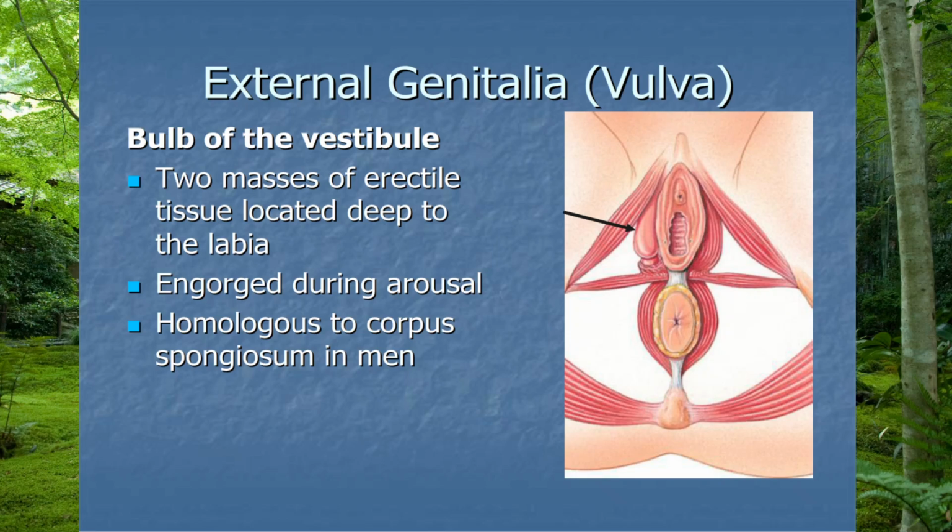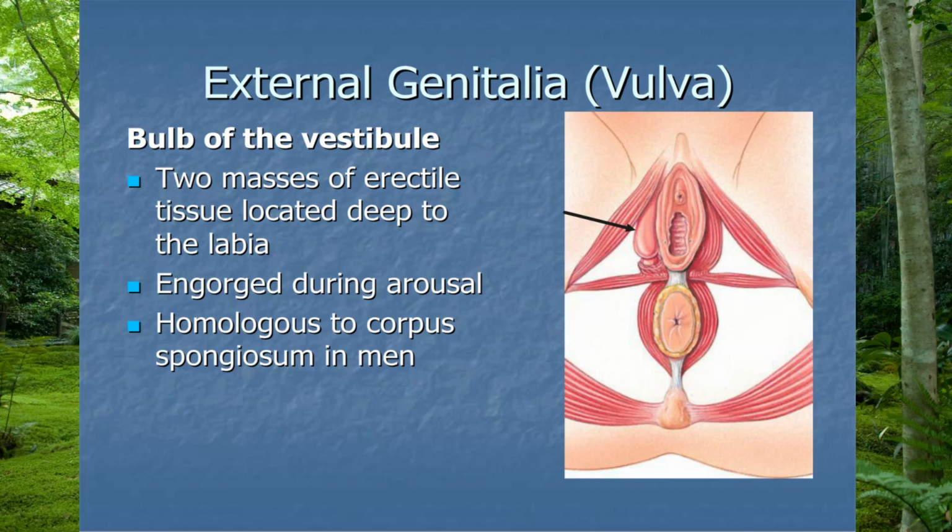Okay, and before we move on from female external genitalia, we need to talk about one more thing, and that's called the bulb of the vestibule. The bulb of the vestibule is basically a mass of erectile tissue located deep to the labia. And we think that they're important because during sexual arousal, the bulb of the vestibule will become engorged, and it will basically help to grip the penis during sexual intercourse.